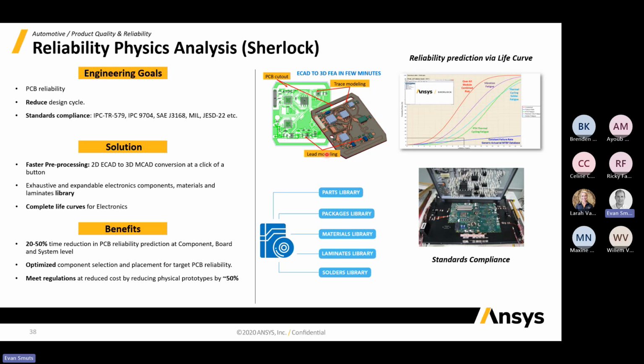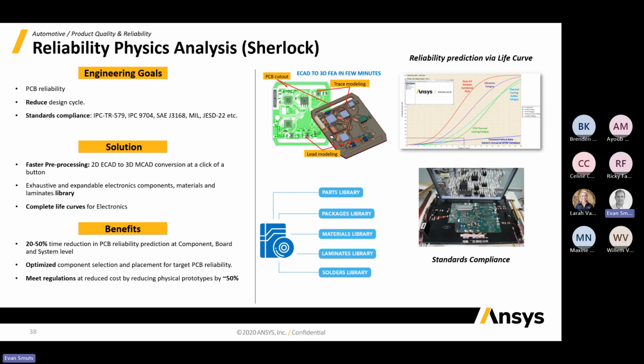How does that affect our reliability? And also the idea is then to try and not only speed up design, but also make sure that we meet our compliance standards. Okay, so make sure that we can put the board virtually through all of our different compliance tests, and make sure that it will last and pass the requirements.